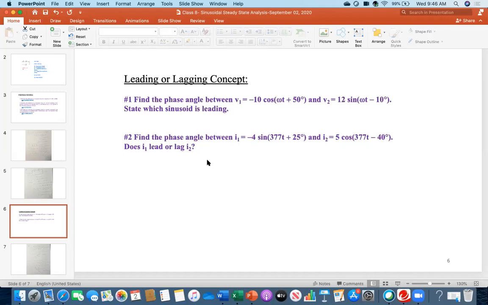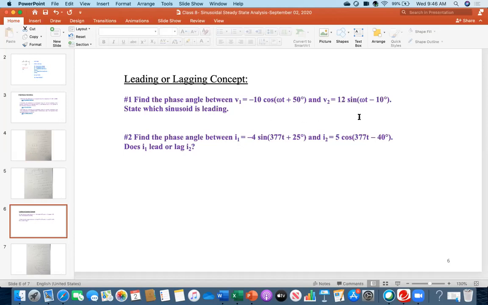Now everybody see, we are learning voltage or current expressions in terms of cosine, but here there is a minus sign. So the first task to conclude whether it is leading or lagging is to convert each expression into a positive value. Somehow we have to eliminate this minus term with the help of trigonometry, and I have to convert sine into cosine.